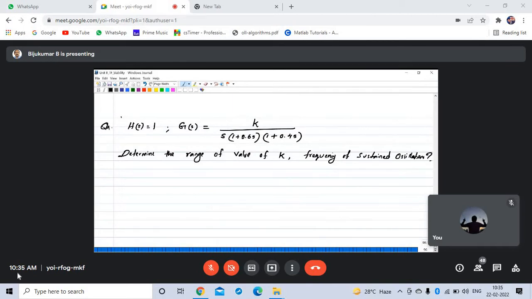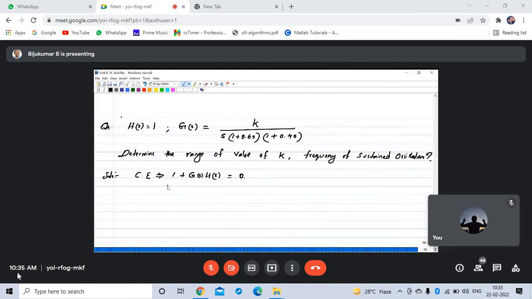So how will you find it? First of all, you have to form the Routh array, so we need the characteristic equation of the given system. The characteristic equation is 1 plus G(s)H(s) equal to 0.